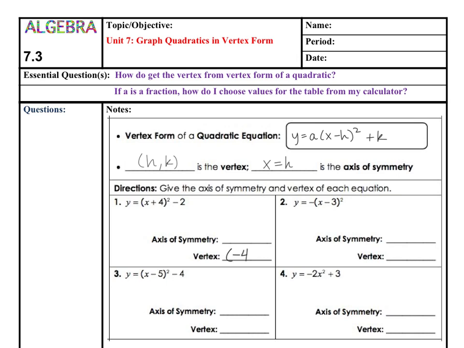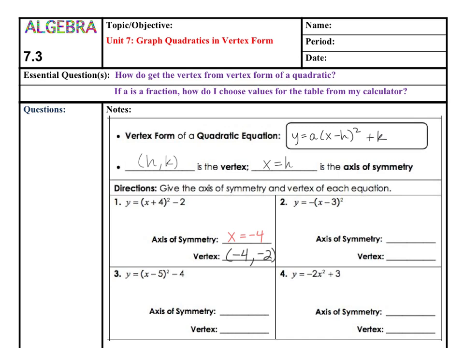And the y value of the vertex is this k value, negative 2. We do not change the sign of that one. It's still negative 2. The axis of symmetry is the x value of the vertex because it's a vertical line, goes through that. So your axis of symmetry is x equals negative 4.